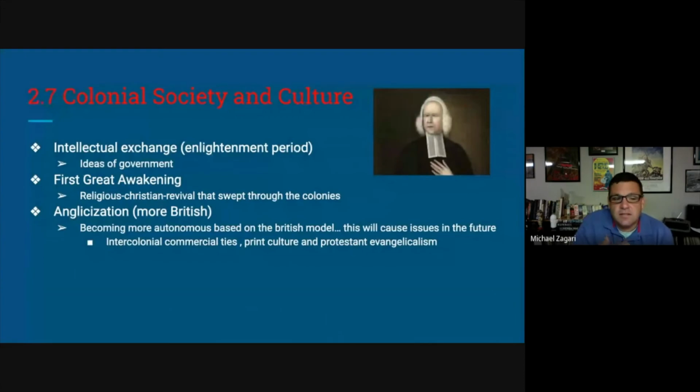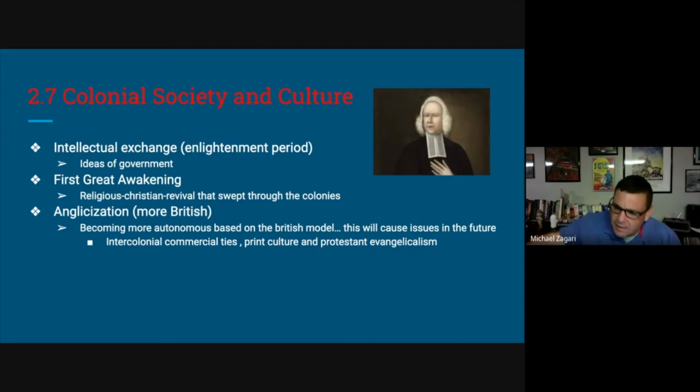And then you're going to start to see this Anglicanization, this more British type of culture, as the American colonies are forming. They're becoming more British in the sense that they're proud to be British, but they're also becoming more autonomous off of the British model.